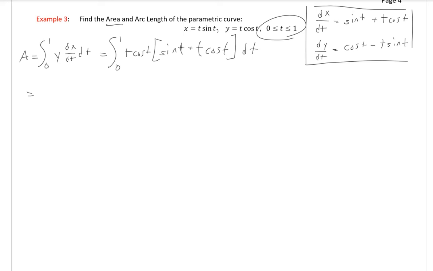All right, if we expand that out, I have t times cosine of t sine of t plus t squared cosine squared t dt.